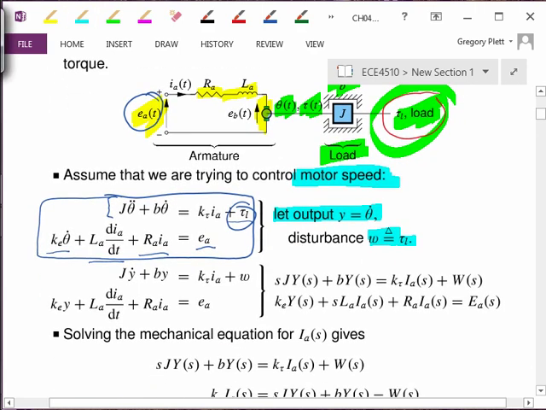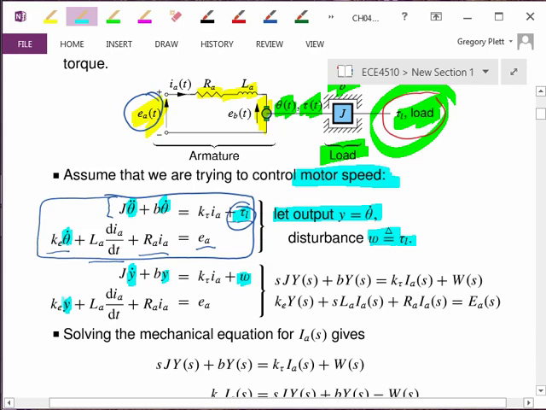So with those substitutions, theta double dot, because Y equals theta dot, becomes Y dot. The theta dot becomes Y, and the load torque is W. That's all we've changed in that first equation. The second equation, oh yes, it is changed: the theta dot becomes Y in that one place, otherwise there's no change.